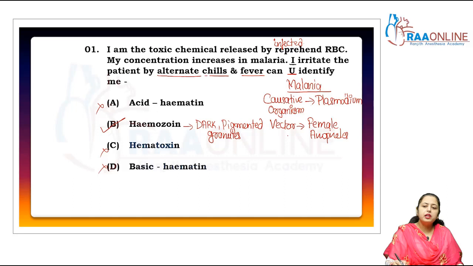Right? Vector, female Anopheles. What will happen in that case? Plasmodium is the digenetic parasite, right? Why is it called digenetic?